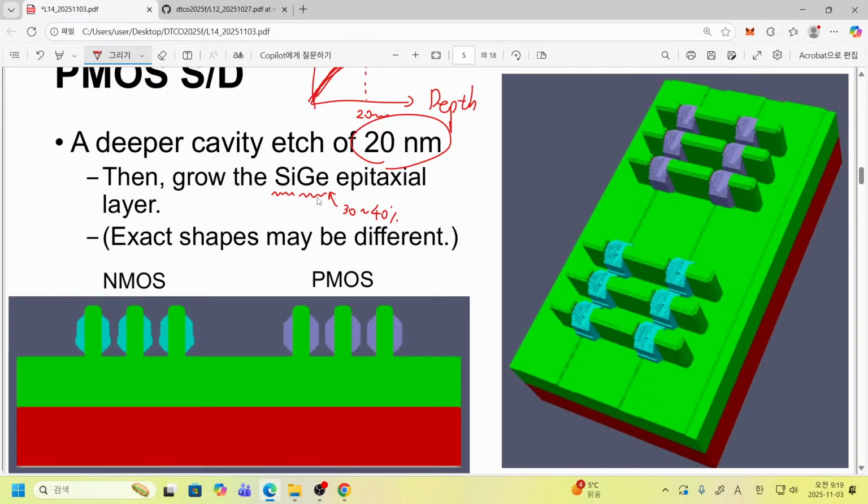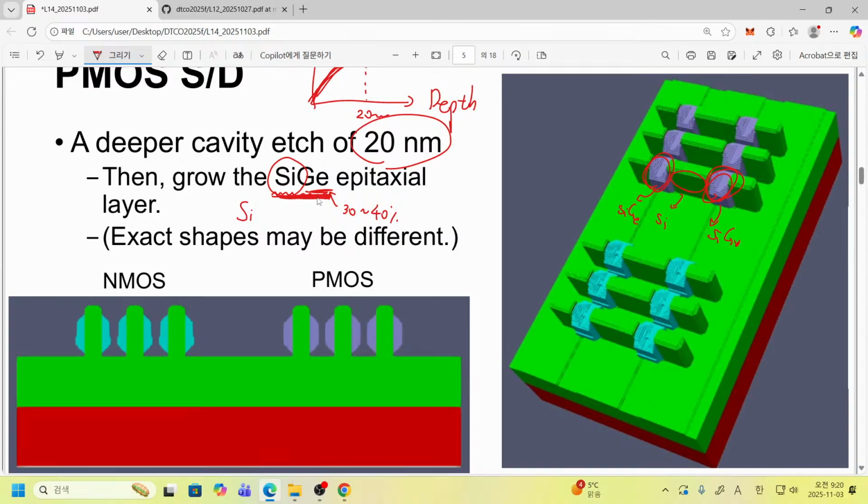Its purpose is quite obvious, because silicon germanium, compared with pure silicon, has a larger volume per atom. So if we introduce silicon germanium, it has a larger volume. This one is silicon germanium, and underneath here we have silicon, and this one is silicon germanium.